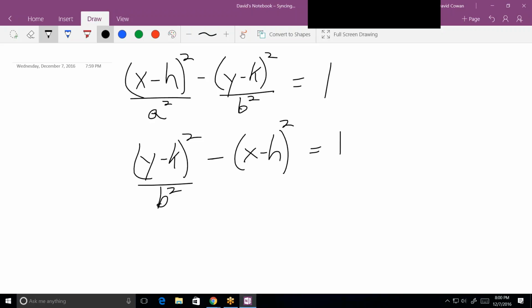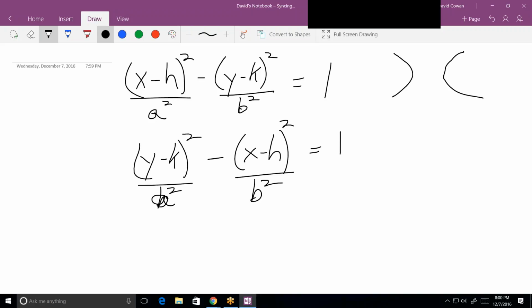No, actually, excuse me. The a always goes under the, well, it depends on whether it's a, here, let me see if I can remember this. This is a horizontal hyperbola because you've got x squared minus y squared.